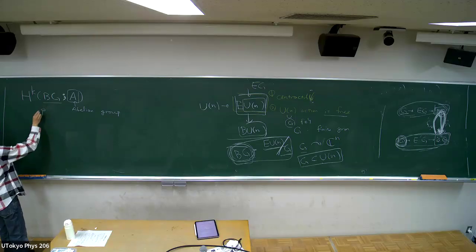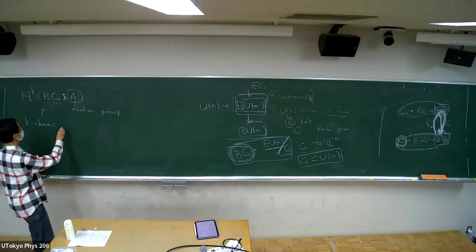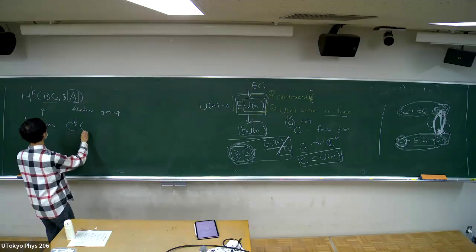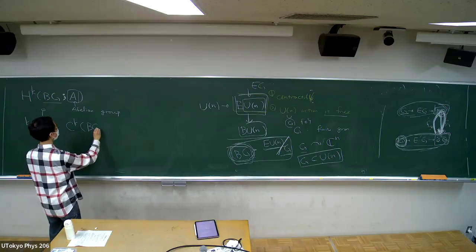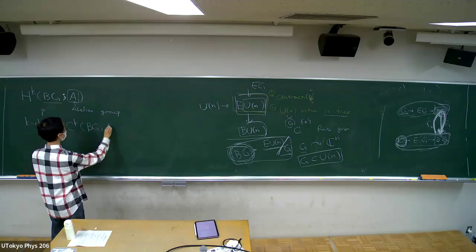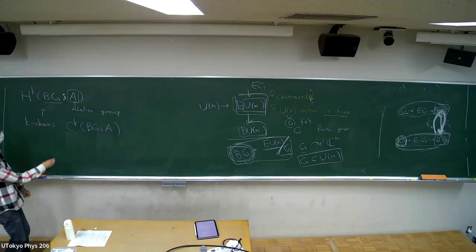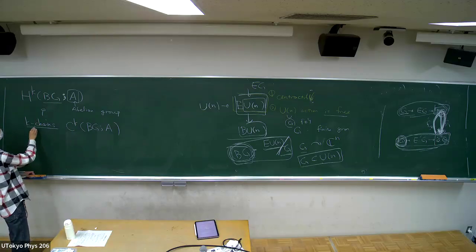To discuss this, we need to study the space of k-cochains, C^k(BG, A).